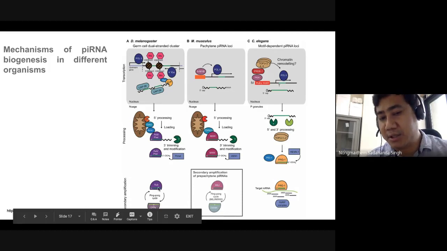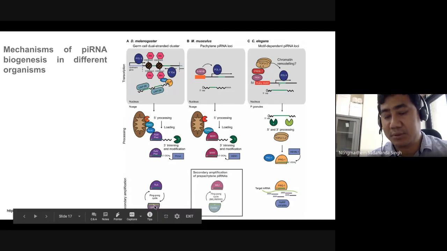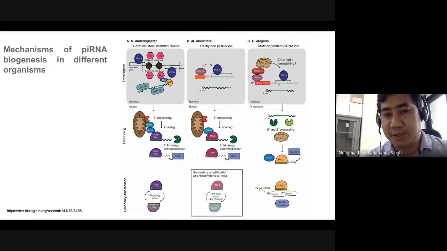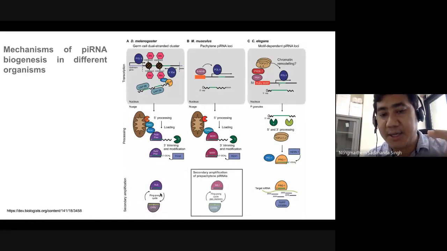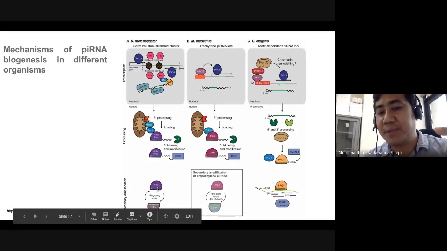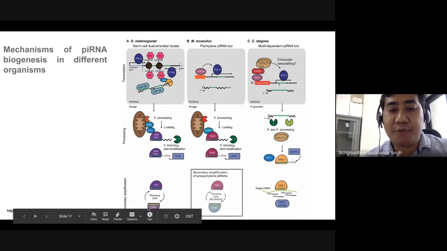The Piwi complex is most of the time antisense to the target RNA, but AGO3 is sense to the target RNA. So the AGO3 complex has the same sequence as the target RNA, whereas the Piwi complex has a sequence complementary to the target RNA.